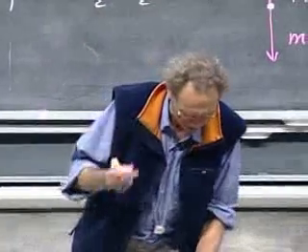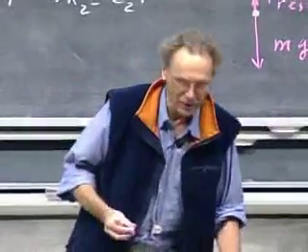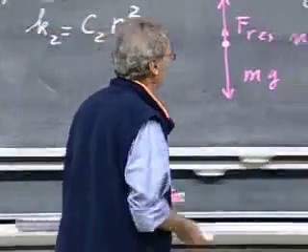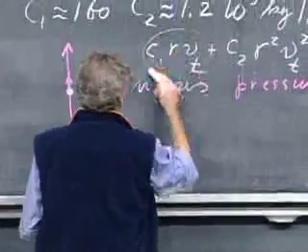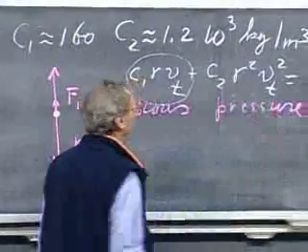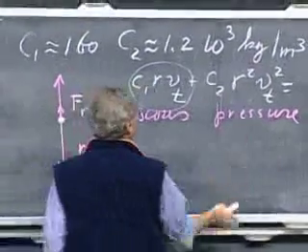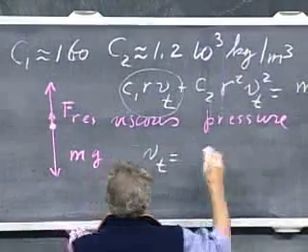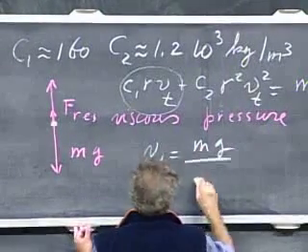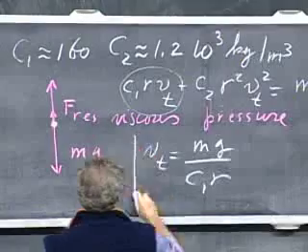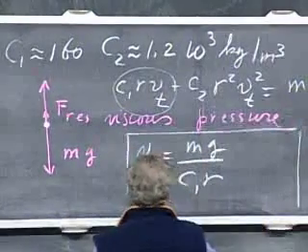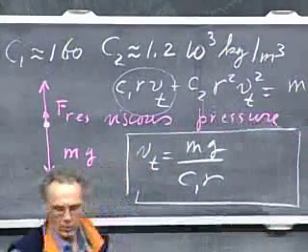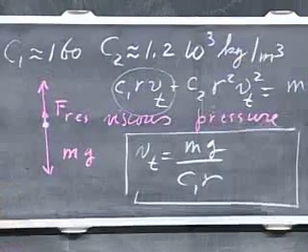So the speed will remain way below 100 miles per hour, and therefore this is a term that will dominate, and this term can be completely ignored. And if that term can be ignored, you can see that immediately the terminal velocity is going to be mg divided by c1 r. And that, by the way, for our quarter-inch ball bearing, turns out to be something like 2 centimeters per second.